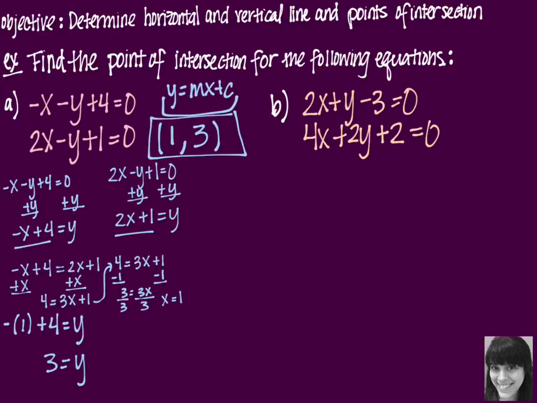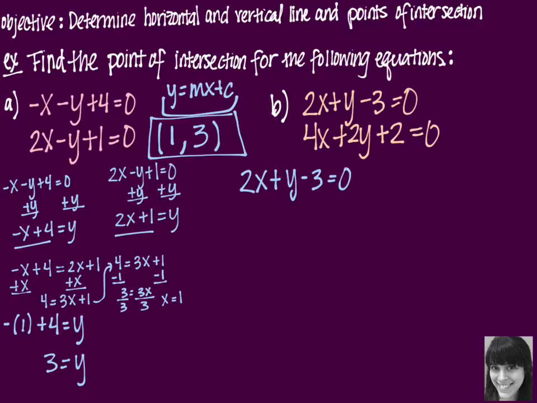Okay. Let's do another one. All right. So, I have two equations. The first step I'm going to take is I'm going to solve for y on both of them. So I have 2x plus y minus 3 equals 0.